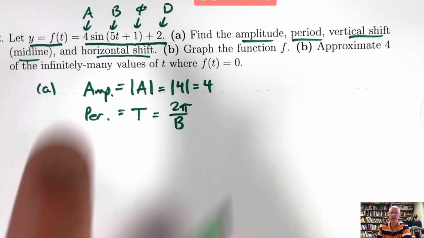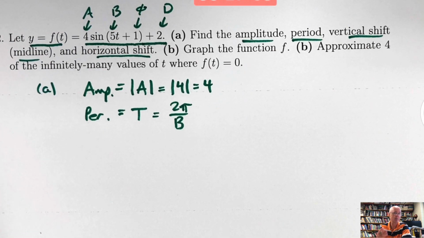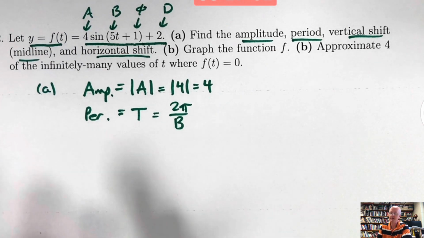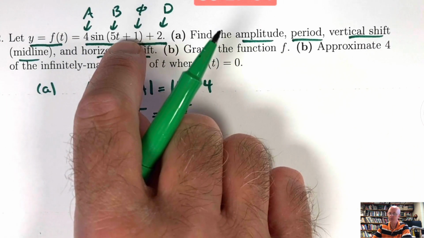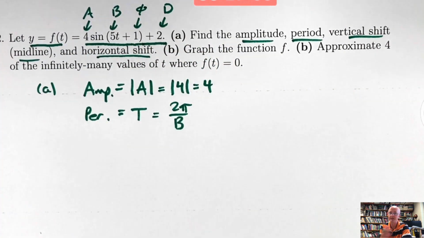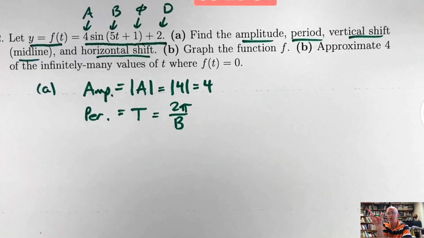When the independent variable for the function is a little t representing time, then you call this thing a period. If the independent variable had been an x, and if x represents a length, then you'd call it a wavelength. It's a horizontal distance between the two peaks. If the graph goes up and down like that, it's a horizontal distance between the two peaks. Or you could think of it as one cycle of the sine wave.